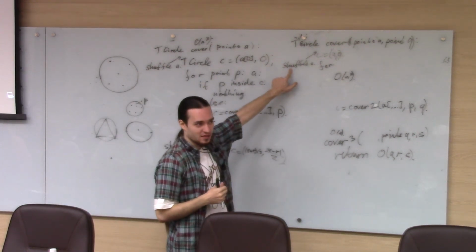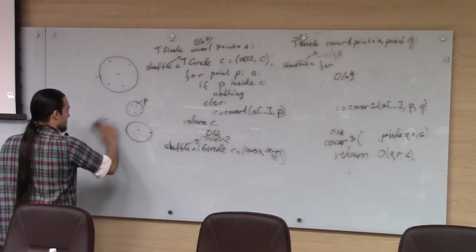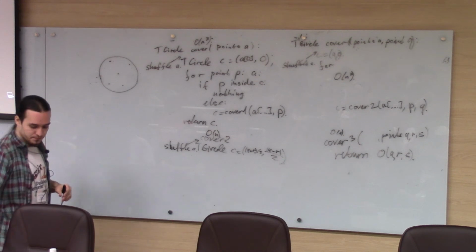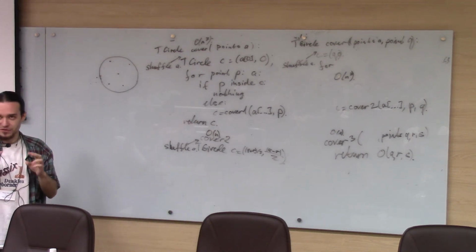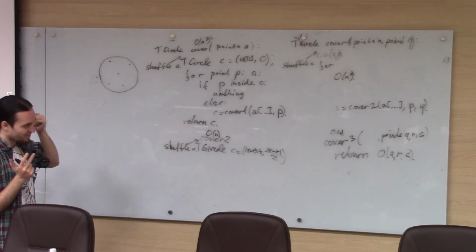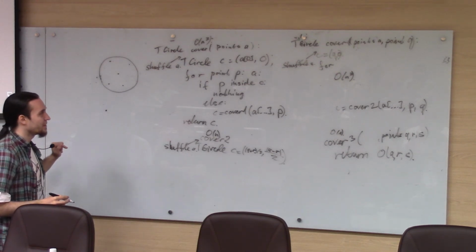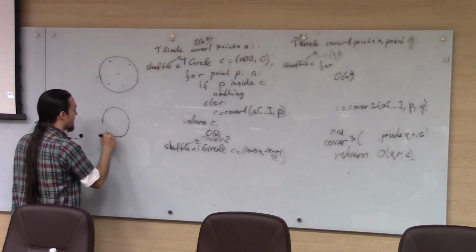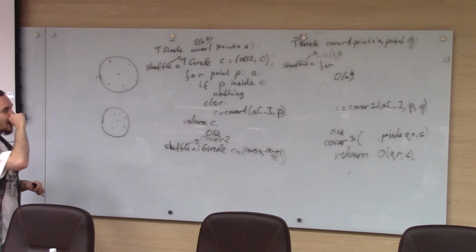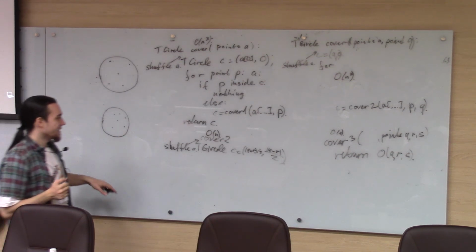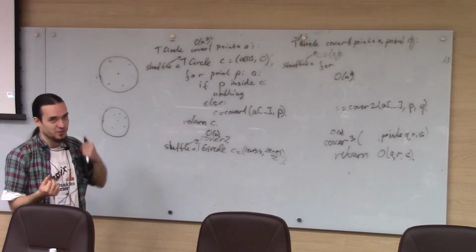Okay, let's look at this function. Actually, the analysis is not that simple. So if you don't grasp it from the first try, it's okay. But the thing is, we have a certain point on our boundary, and all our other points in here. So let's try and estimate the expected working time of this function.